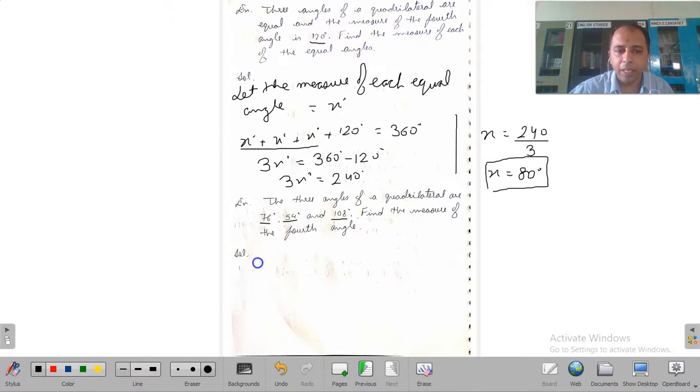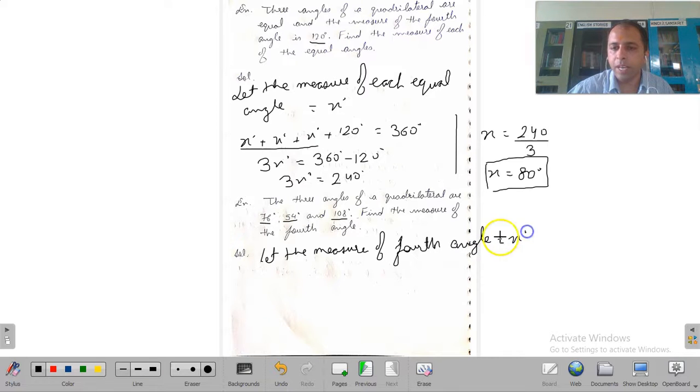Let the measure of the fourth angle equal x degree.